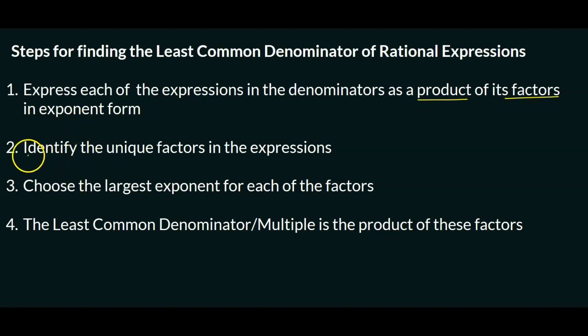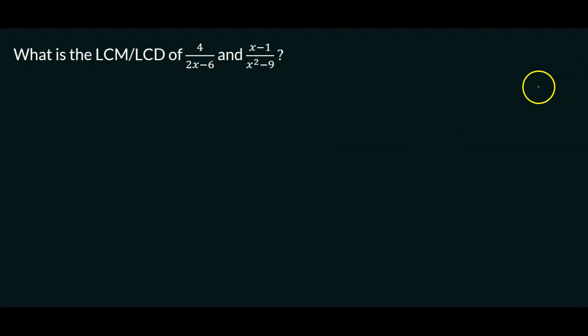Then we're going to identify the unique factors in the expression, choose the largest exponent for each of these factors, and multiply them together. That's going to give us the least common denominator, or the least common multiple, of the rational expressions. So let's see what this all means when we have some questions to deal with.